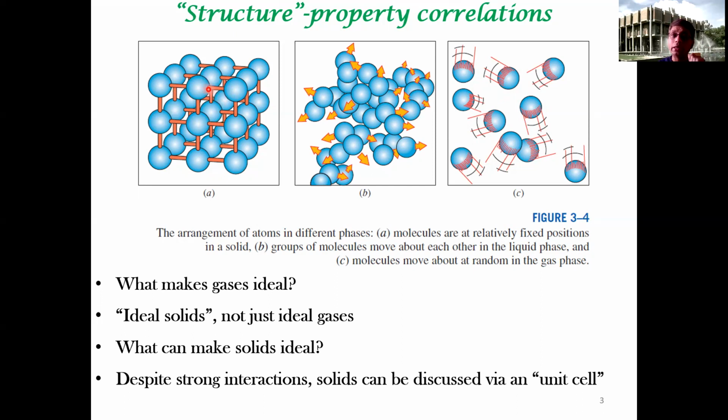But despite strong energetic interaction, there is a concept of a unit cell, because every atom has the same coordination atmosphere, right? If I look at one particular atom in the bulk, it is surrounded by the same chemical environment, and that chemical environment can be replicated in 3 dimensions. That brings about an enormous simplicity in the description of a solid, as you will see.